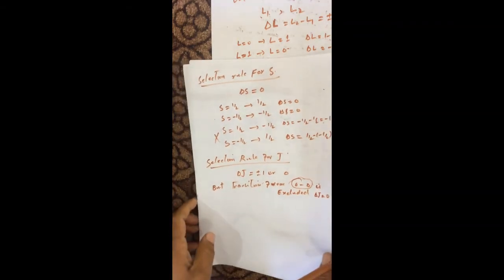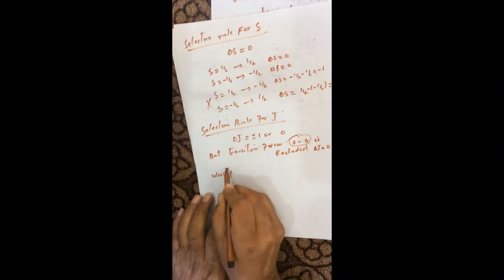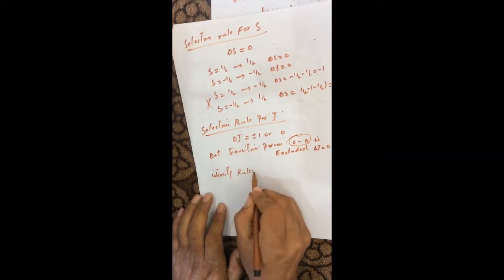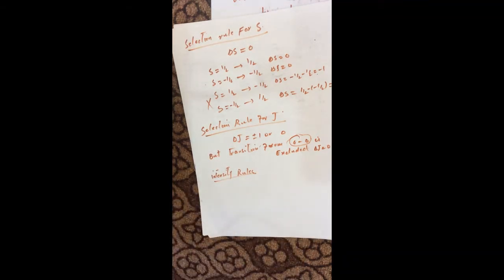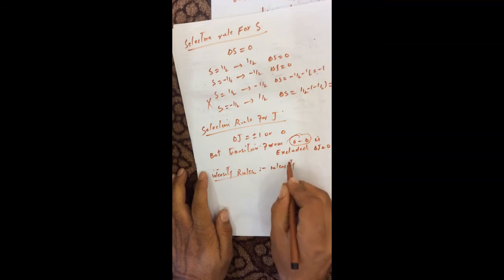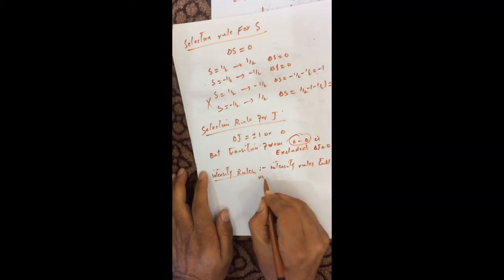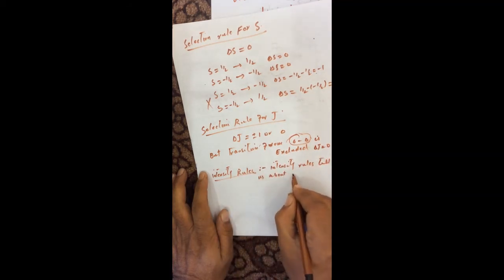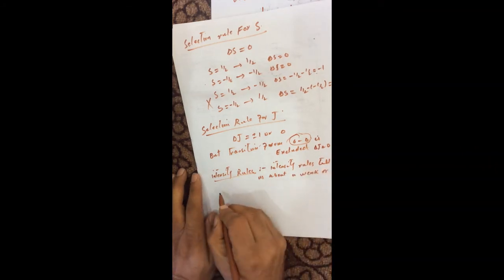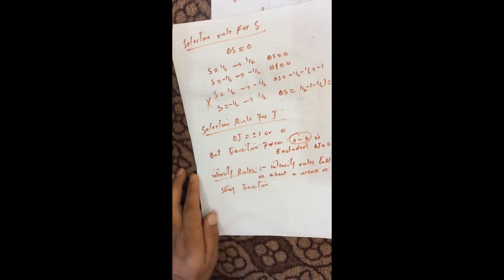Next we have the intensity rules. Whether an allowed transition is weak or strong is determined by the intensity rules.